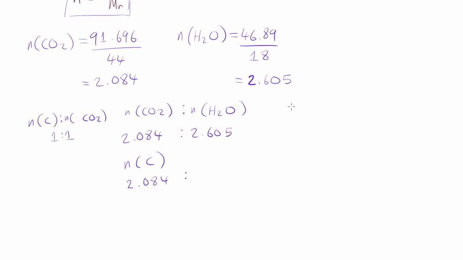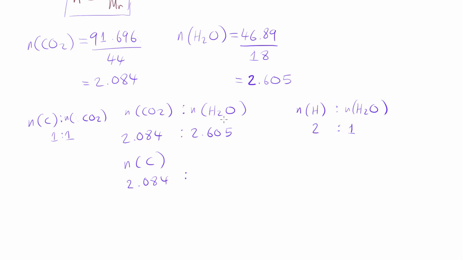But when we look at H₂O and the moles of hydrogen, it's not quite the same. When we compare the moles of hydrogen to the moles of H₂O, it's not a 1-to-1 ratio, because for every mole of H₂O, we've got 2 moles of hydrogen, right? So this is effectively a 2-to-1 ratio.